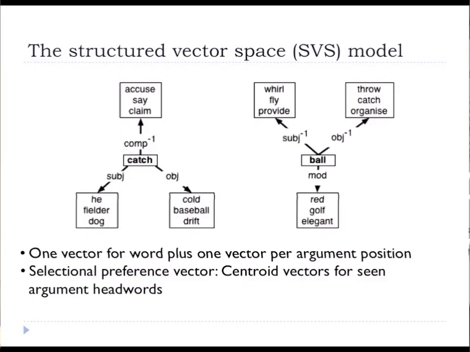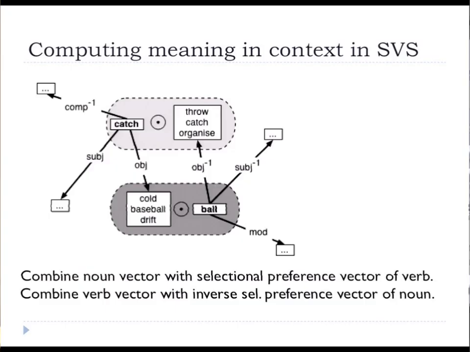These selection preference vectors are actually pretty simple to compute. You go to a corpus and you collect, say, modifiers of the word ball, and you just add up their vectors, and that gives you a selection preference vector. And then you do this mutual disambiguation.